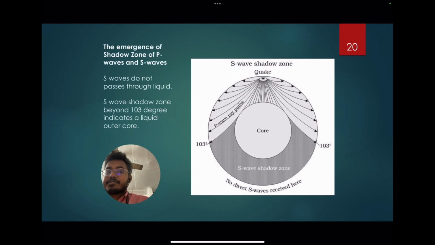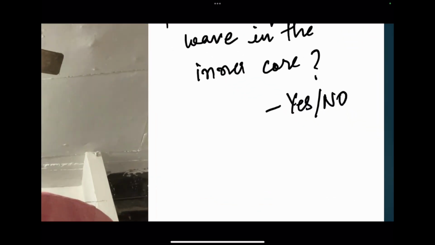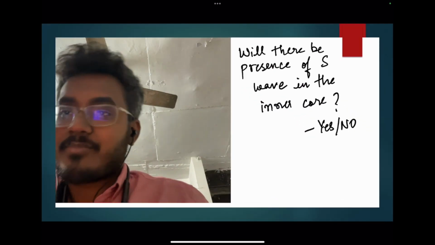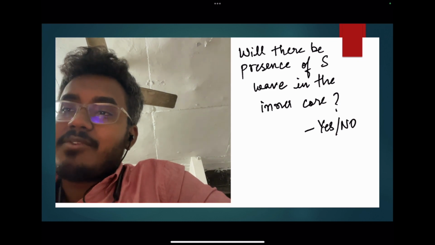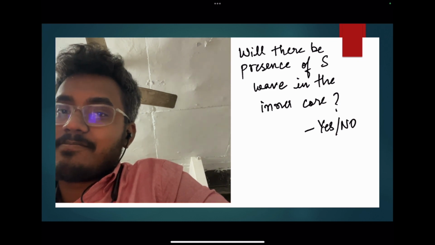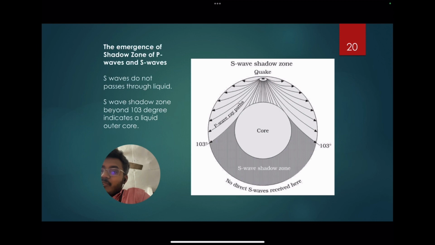So I have a question for you. You just saw the behavior of the S wave. It does not move through liquid materials. So my question is, will there be presence of S wave in the inner core? Because we know that S waves do not penetrate the outer core, but the inner core is solid.